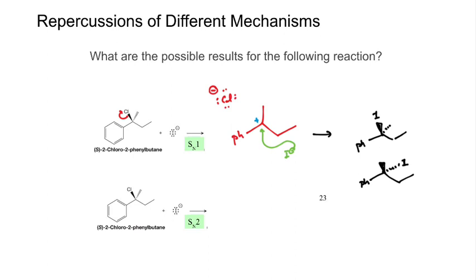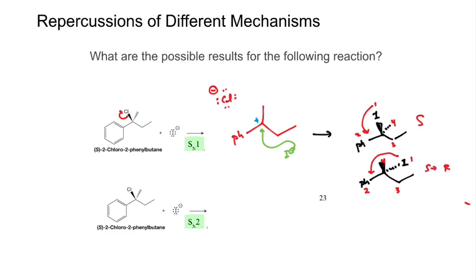So you would get both of those products. We call this a loss of stereochemistry because if we go through and assign stereochemistry, iodine is 1, the phenyl is going to be a 2, 3, our CH3 in the back is 4. 1, 2, 3, I'm rotating counterclockwise, but my lowest priority is aimed at me, which means I have to invert it.